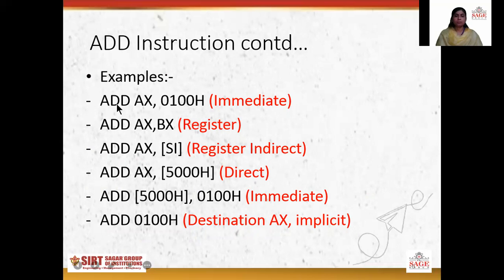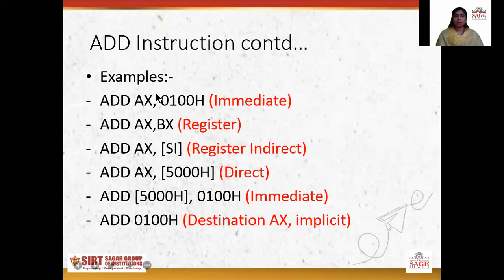The first example is the immediate addressing mode. The different addressing modes are mentioned in brackets and shown in red color. ADD AX, 0100H: AX is a general purpose register and 0100H is the immediate data.